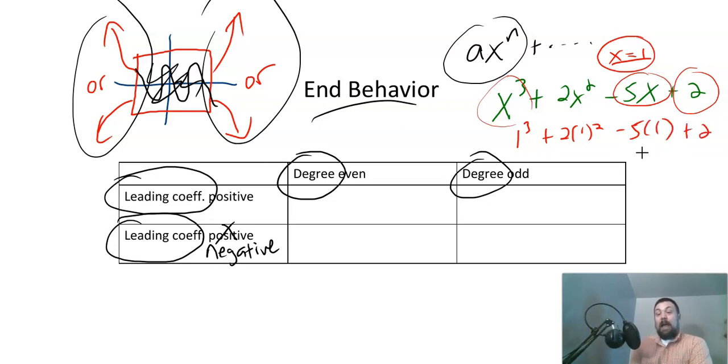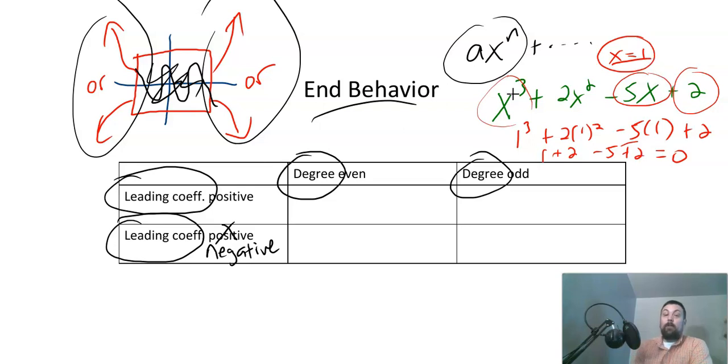You can see that this minus 5 has a big impact on the result, because in fact we get 0. Plus 2 minus 5 plus 2 ends up giving me 0. But each term contributes at about the same level to the answer.